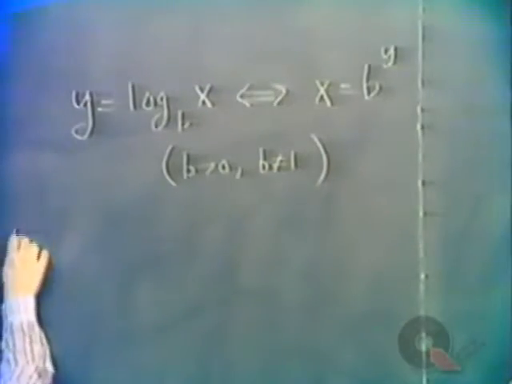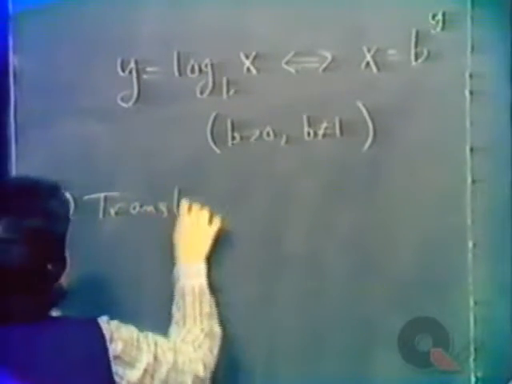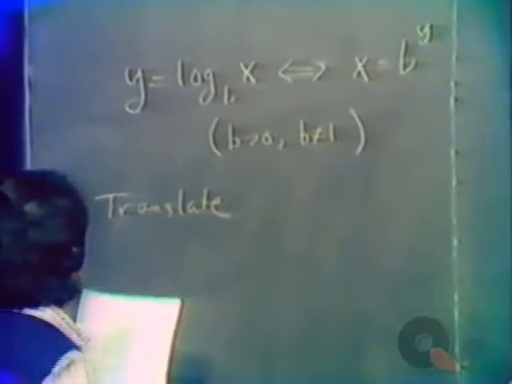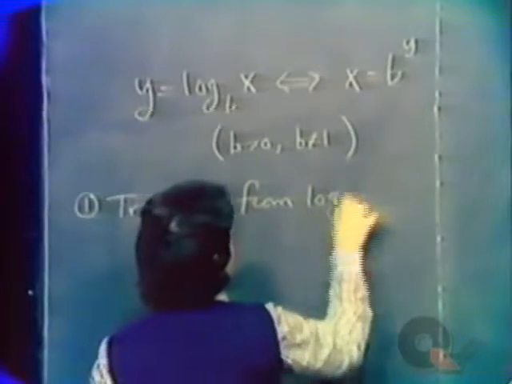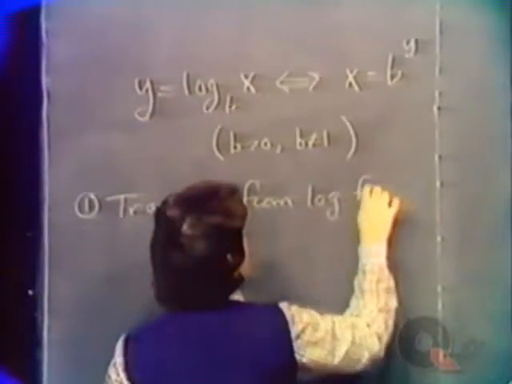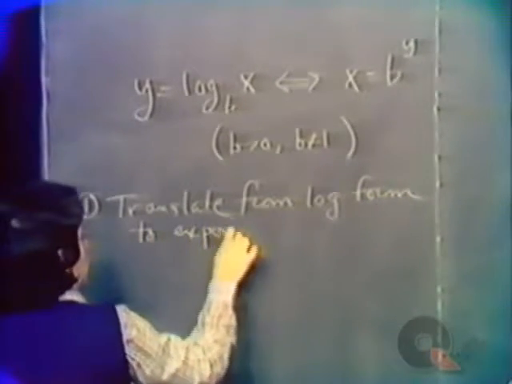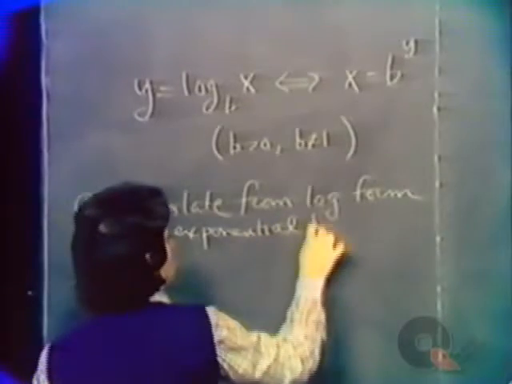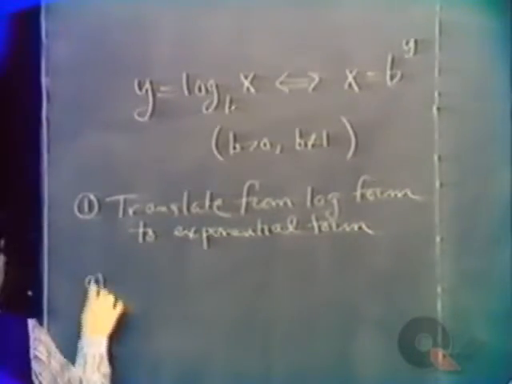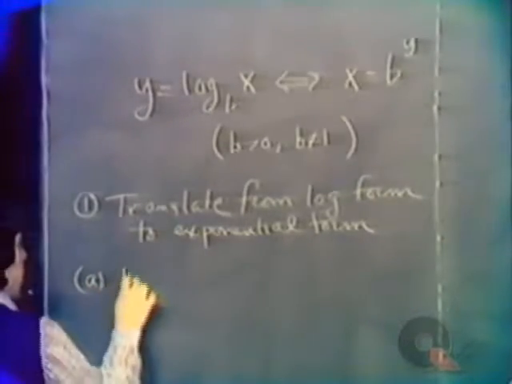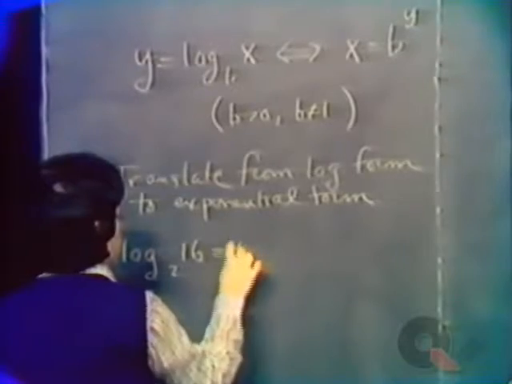Okay, in the first problem, I would like you to translate the following from log form to exponential form. In part A, the log of 16 to the base 2 is 4.